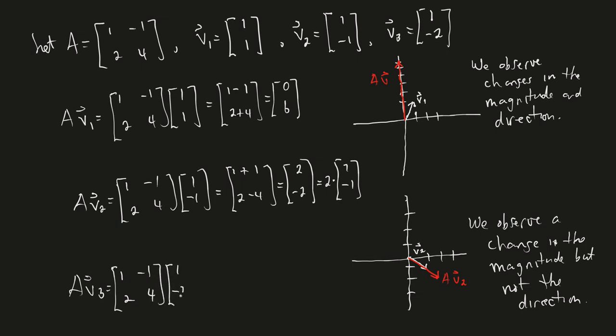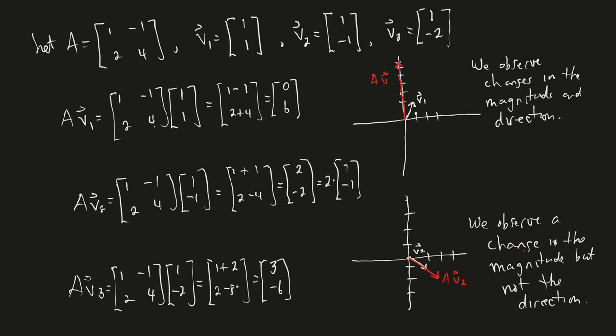Then we have 1, negative 2. So let's do our product again. We will have 1 plus 2, and then we're going to have 2 minus 8. And then that gives us the vector 3, negative 6.